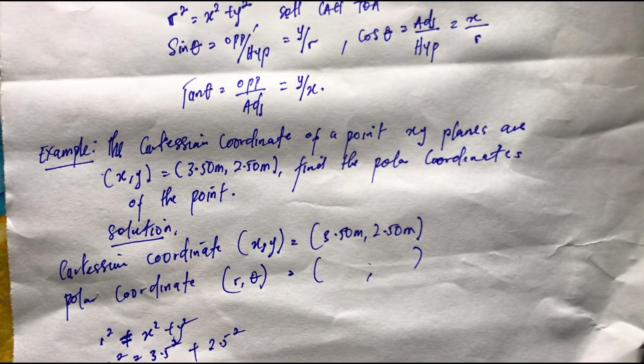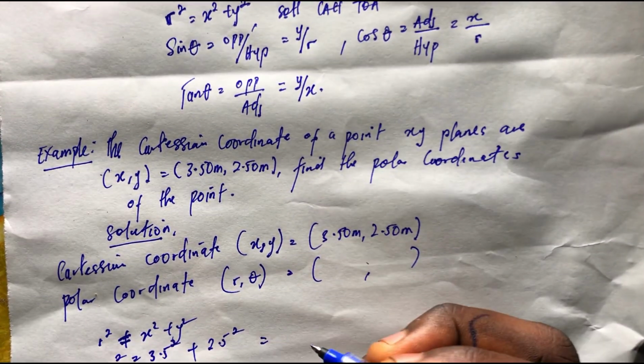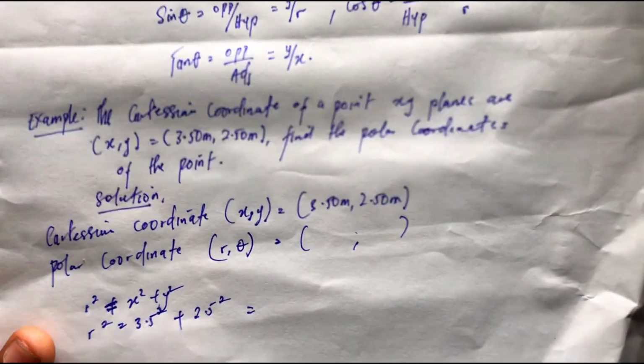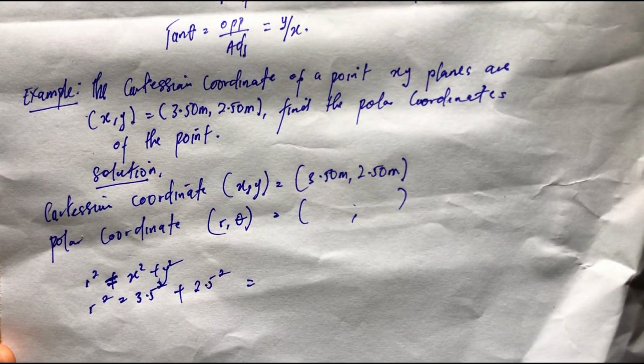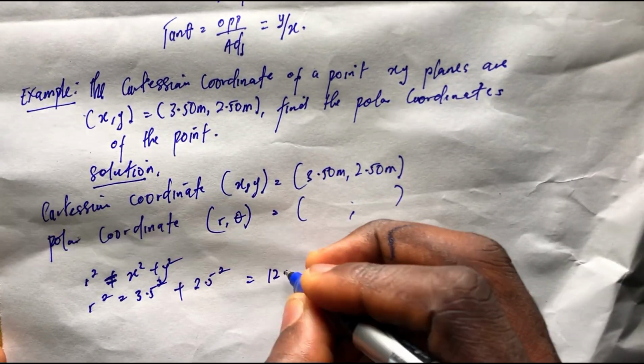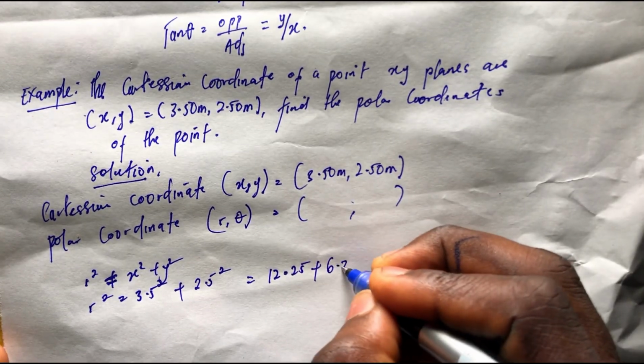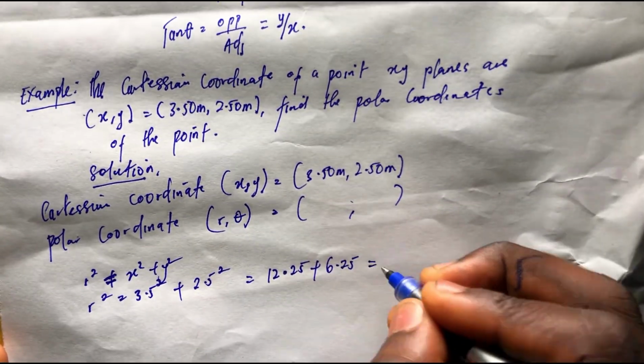If we square it, we're going to have 12.25 plus 6.25.